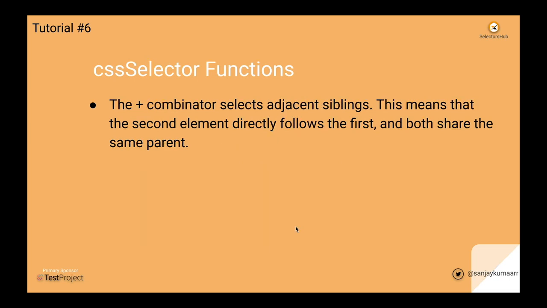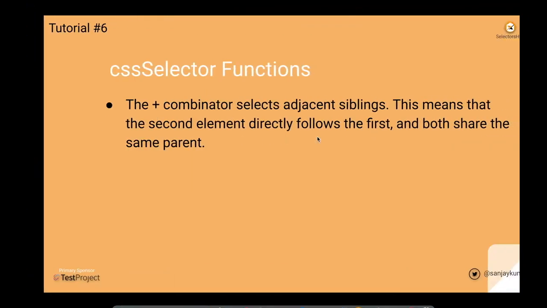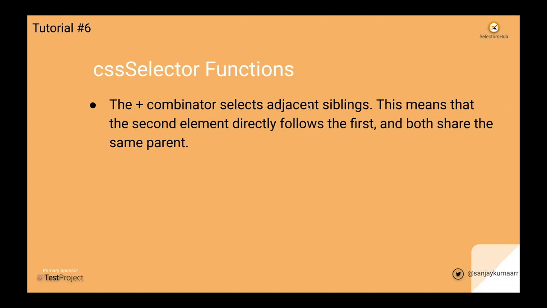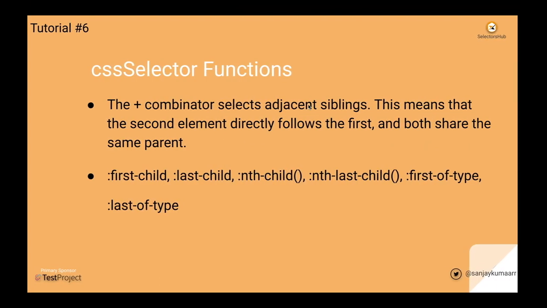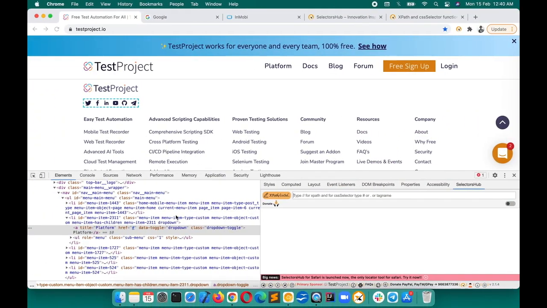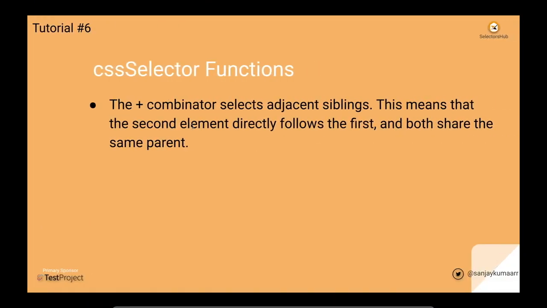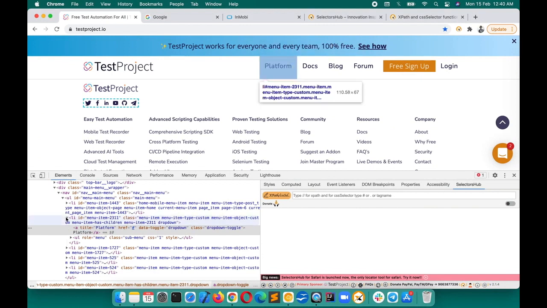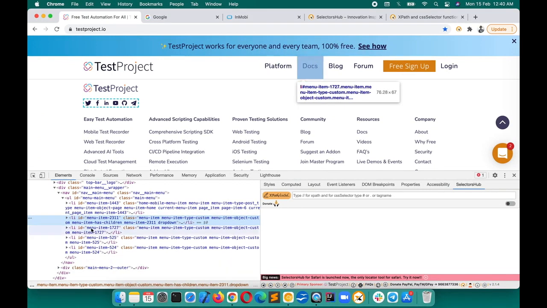Then the plus combinator selects adjacent siblings. This means that the second element directly follows the first and both share the same parent. So the plus combinator selects the adjacent sibling. This means that the second element directly follows the first one. So now if we want the adjacent sibling, like here for this li, this is the adjacent sibling.